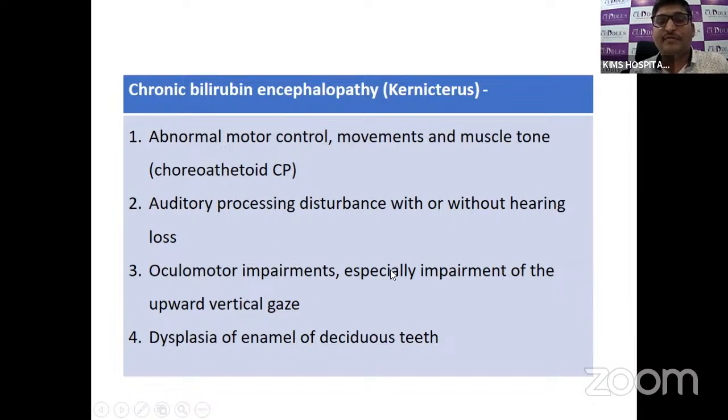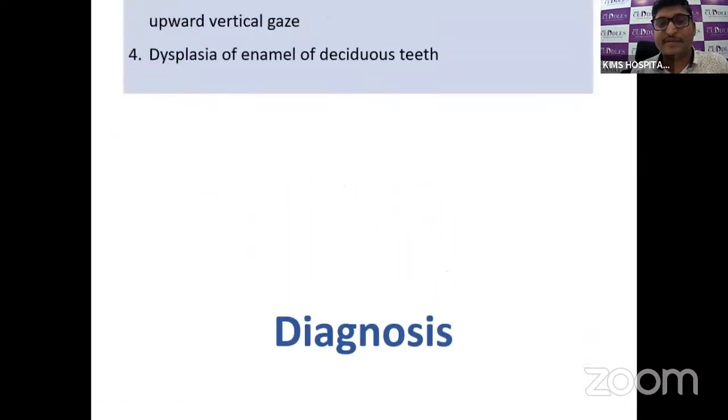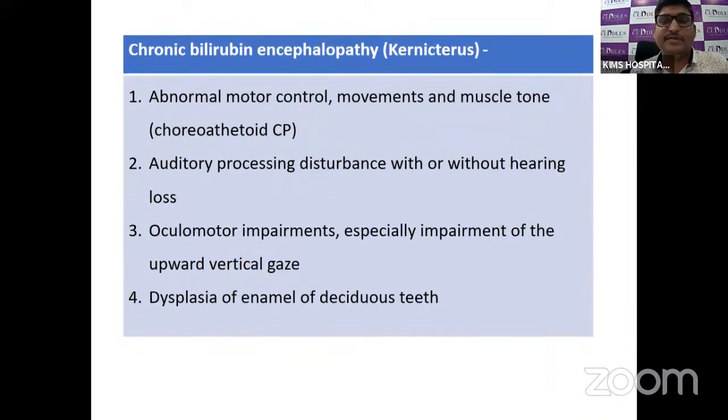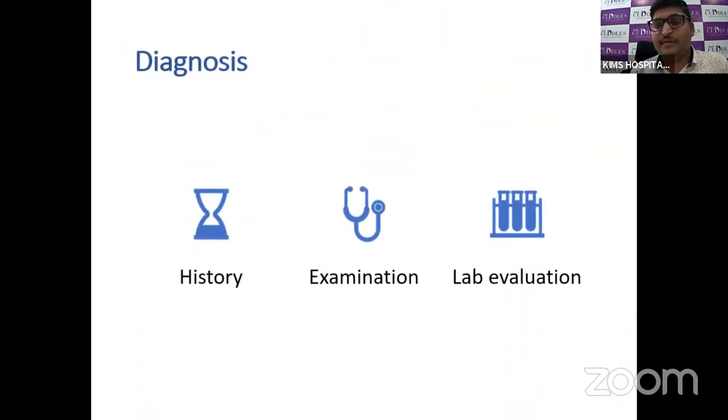Any one or more helps in the diagnosis of chronic bilirubin encephalopathy. So these are the major complications. That's why bilirubin should be identified early and managed even before the complications arise.